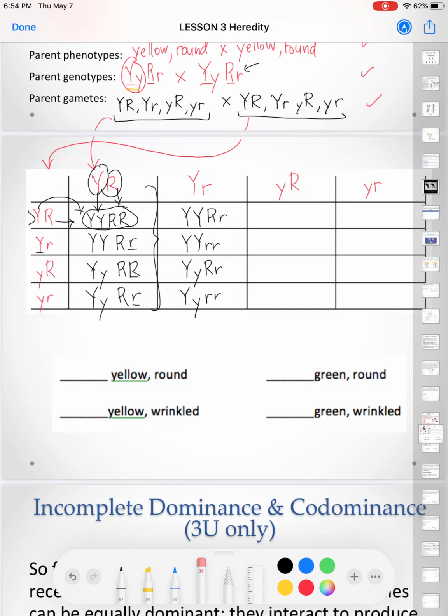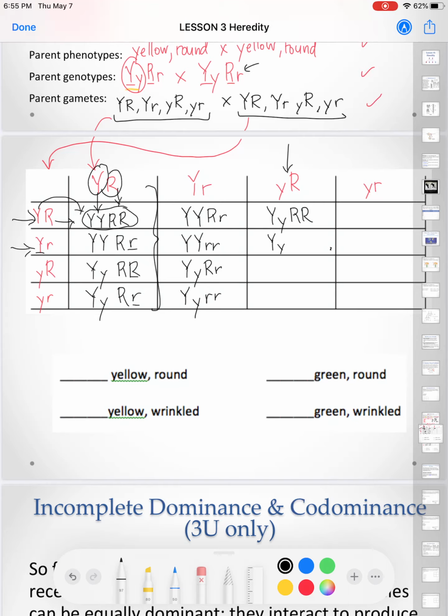And then in the third column, let's do some more. So now we're going to take this parent here. Oopsies. We're going to take this gamete and we're going to take this gamete. Okay, so one dominant Y, one recessive Y, two dominant R's. And in the next box, I'm going to have the same gamete and the second row gamete.